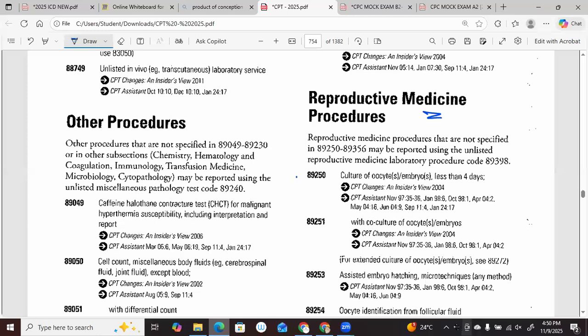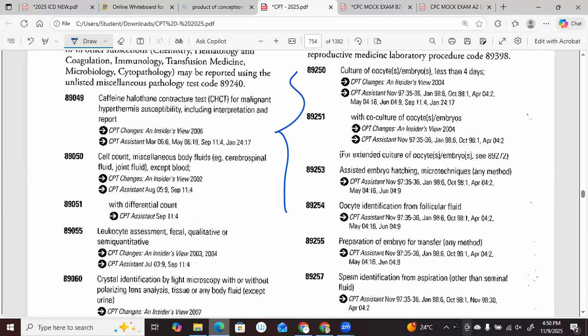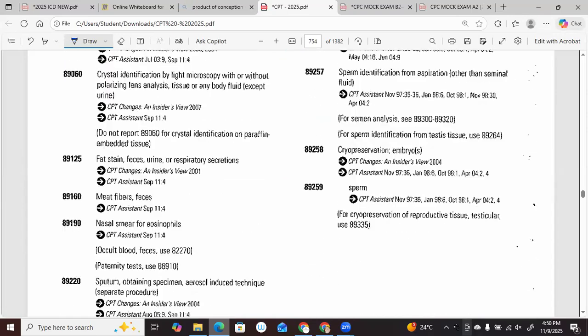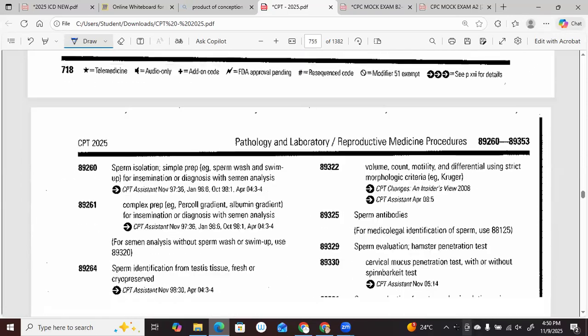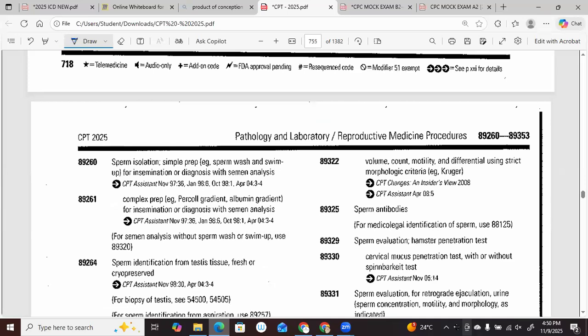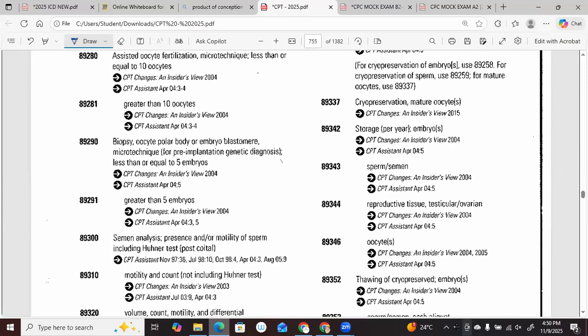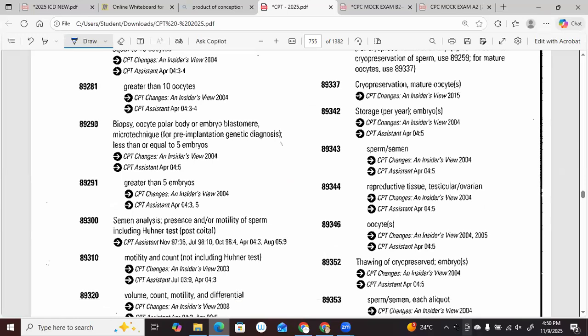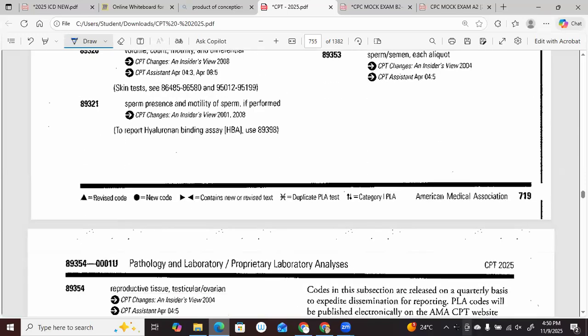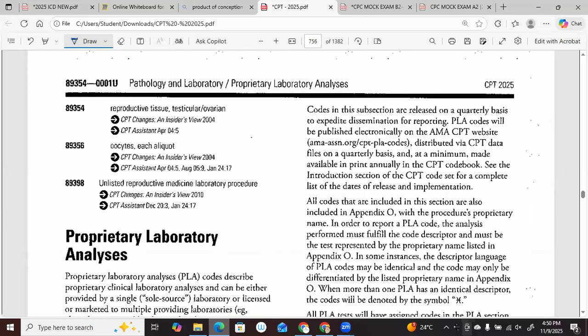Any procedure related to the eggs as well as sperms, we have to use this code here. That's it. So this chapter has been completed now.